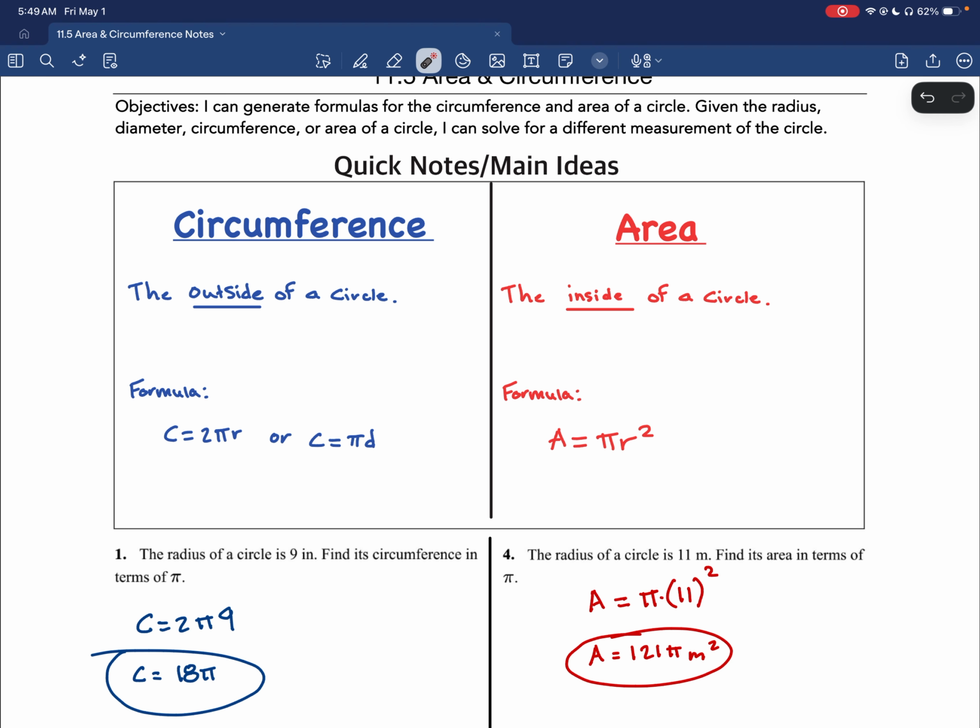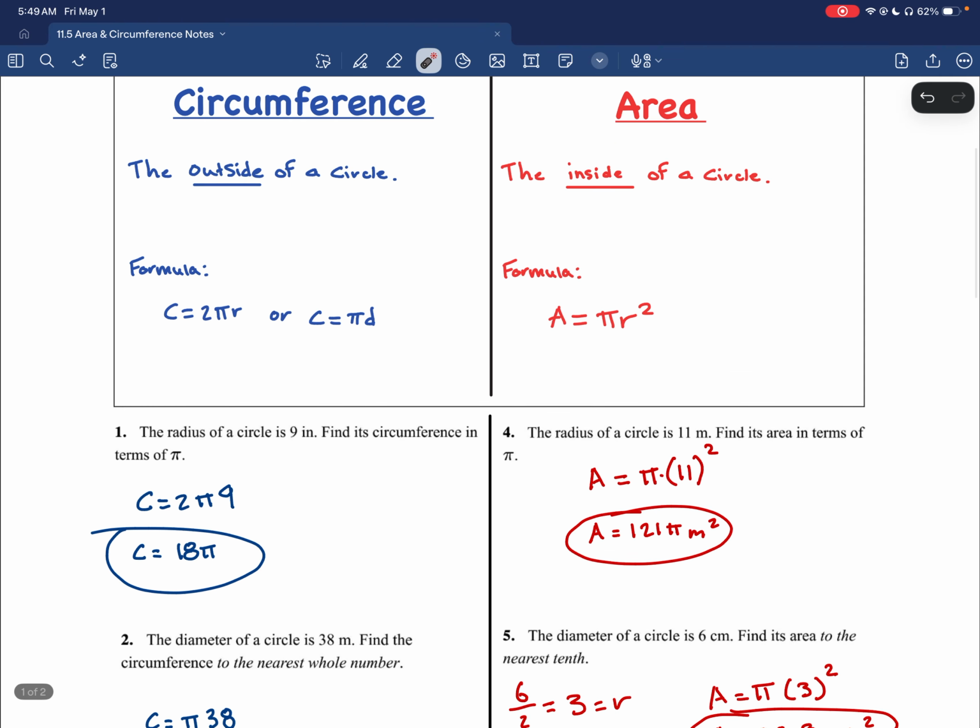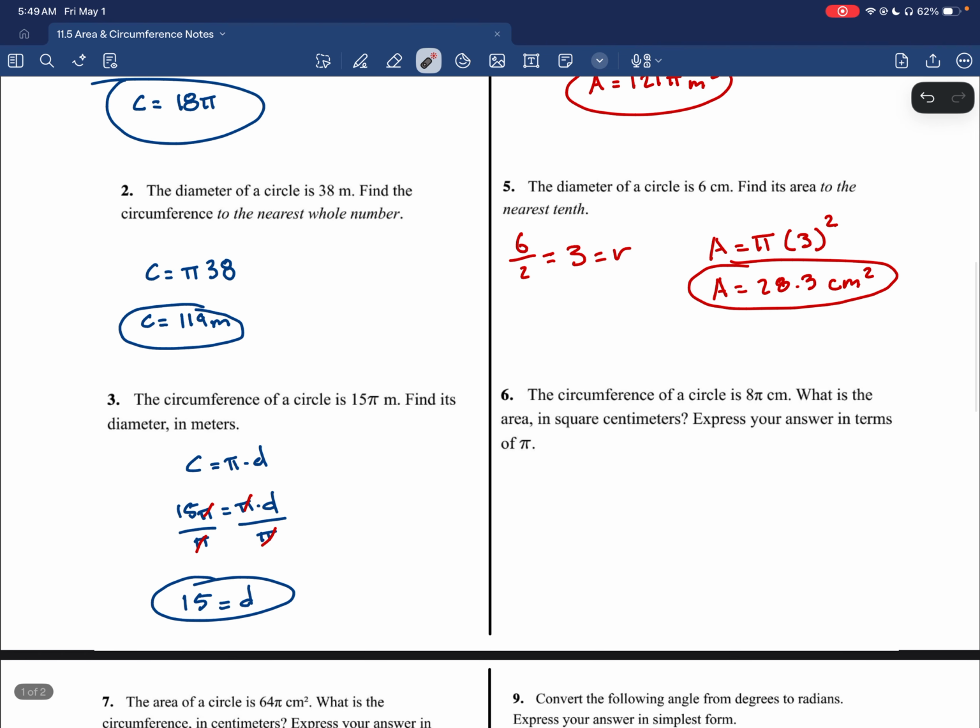So whenever you're going from circumference to area, you're going to need to set up 2 different equations, okay? The first equation is going to be a circumference equation because that's what you start with. And then you're going to plug into the area equation in this instance, okay?